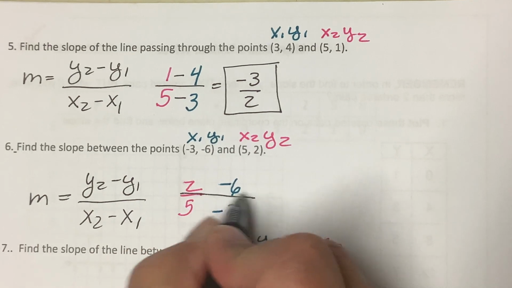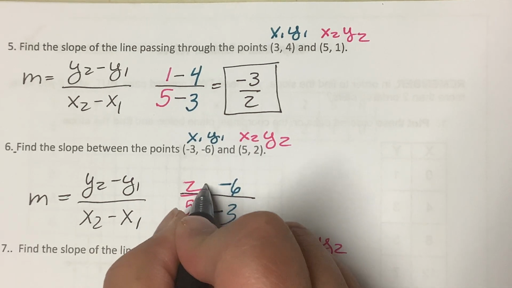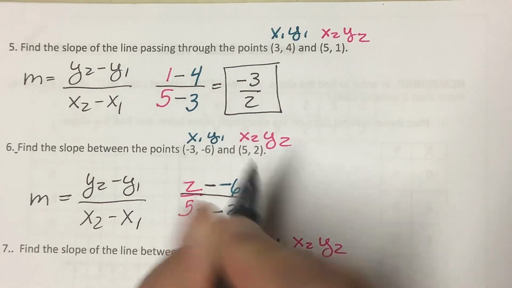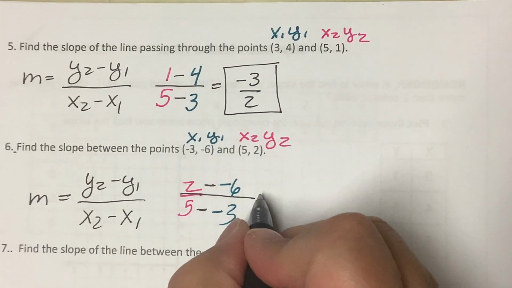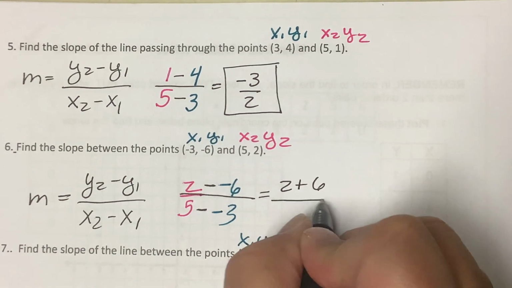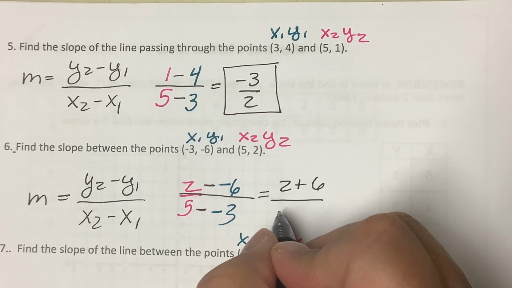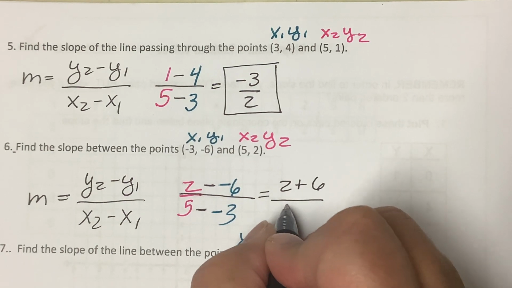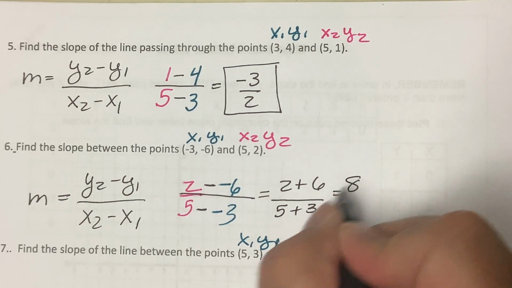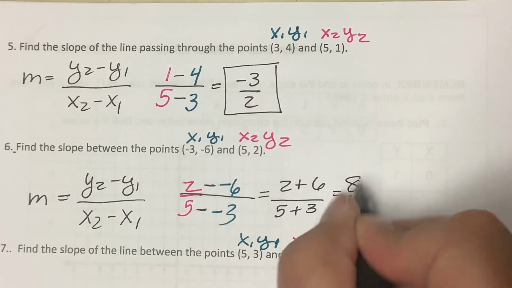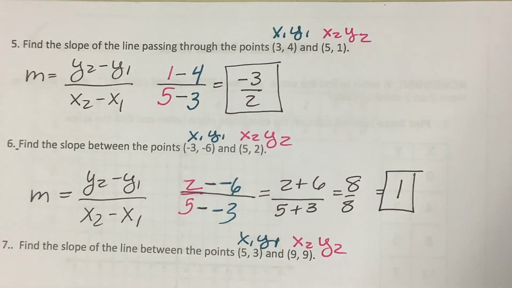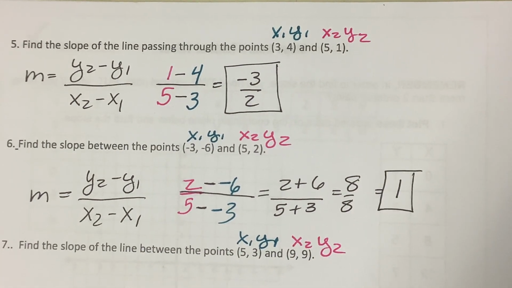And then I'm subtracting y2 minus y1, x2 minus x1. So I had a lot of negativity going on there. Keep change, or add the inverse. I guess add the inverse is more mathematical. 5 plus 3, add the inverse. 2 plus 6 is 8, 5 plus 3 is 8, 8 over 8 is 1. My slope is 1.